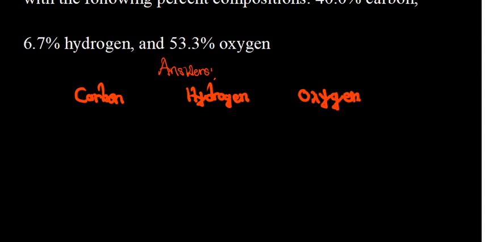So the percentage of carbon is 40.0%, the percentage of hydrogen is 6.7%, and the percentage of oxygen is 53.3%.